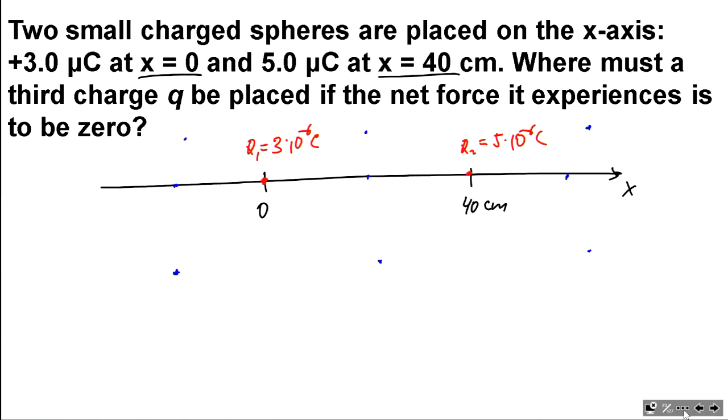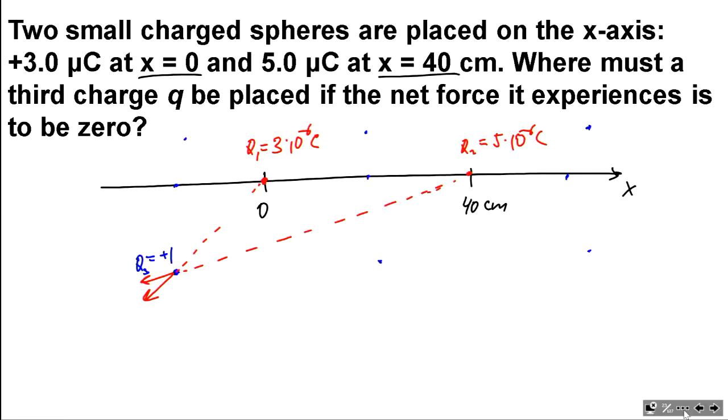For example, this one. Let's say I'm placing charge number 3, and now we use the fact that the value of the charge doesn't matter, so we can pick any convenient number. For example, 1. So this charge will be repelled, and repulsion means away from the first charge. But this charge also will be repelled, and that force points away from the second charge.